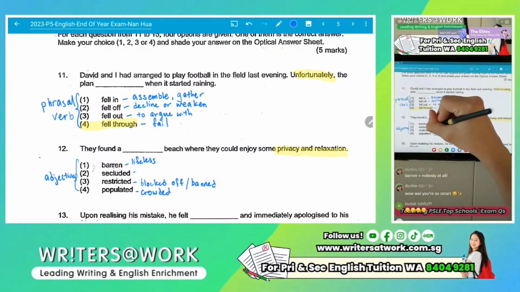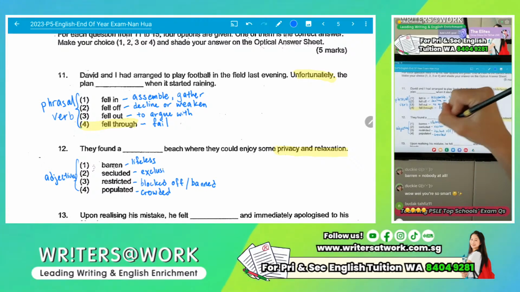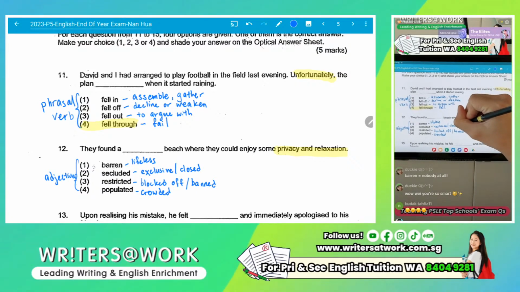While secluded has a meaning of something that's slightly exclusive and closed off. Something that's a bit more closed off, a bit more exclusive, not for everyone. Not everyone has access to it, it's not for the public. It's slightly closed off and exclusive only for those who are able to find it.